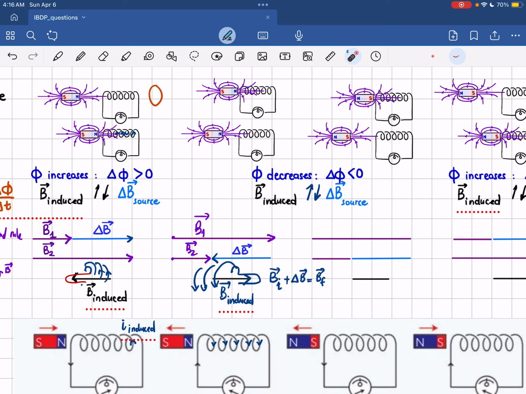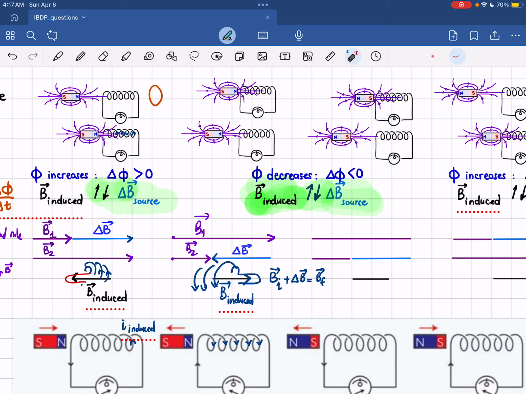But in this case, when the flux is decreasing, now it will support the original source, because it wants to help this one increase again. Make sense, right? So pay attention to that. You always have the B induced in the opposite direction to the change. Okay, always opposite to the change.